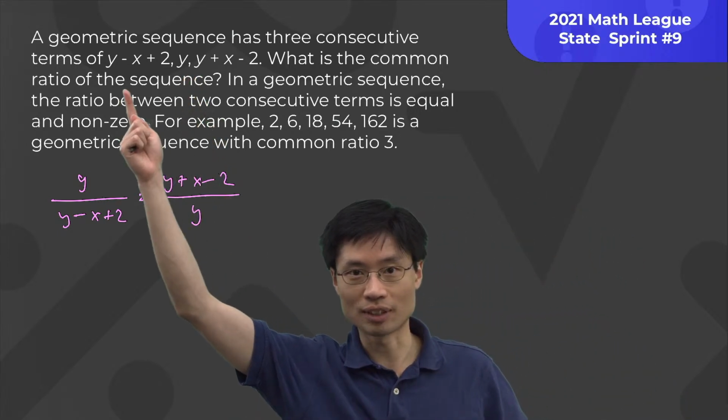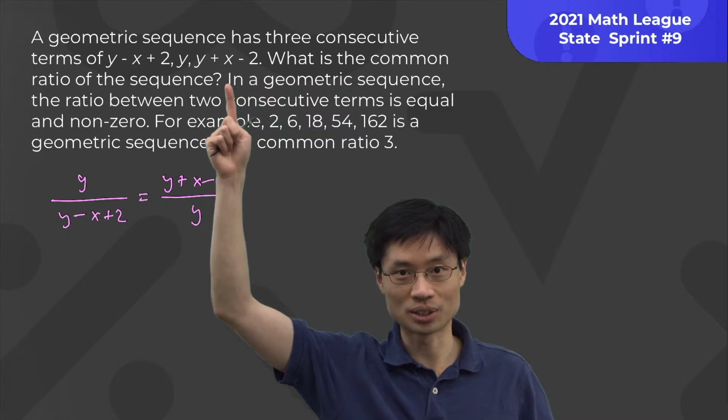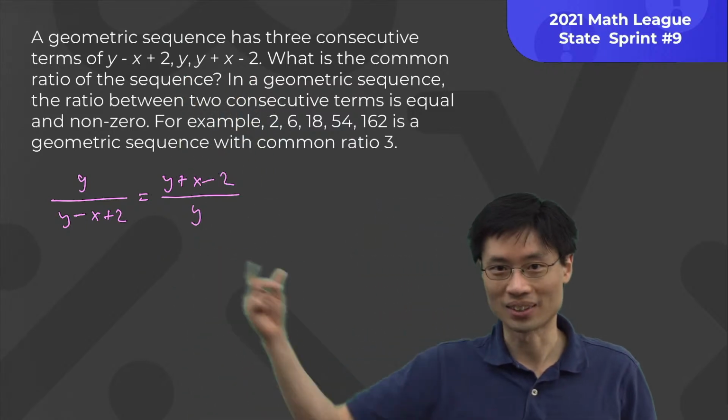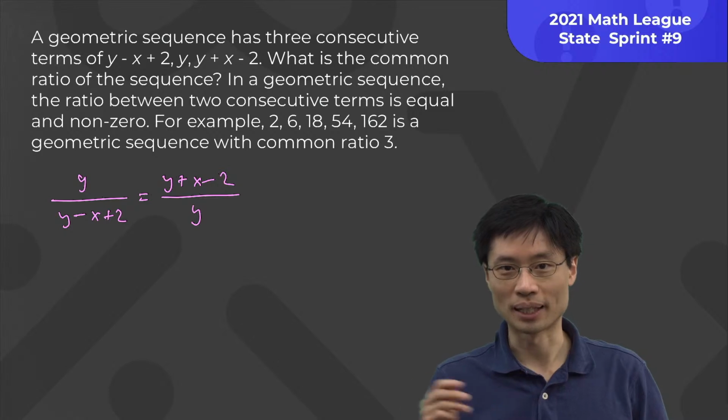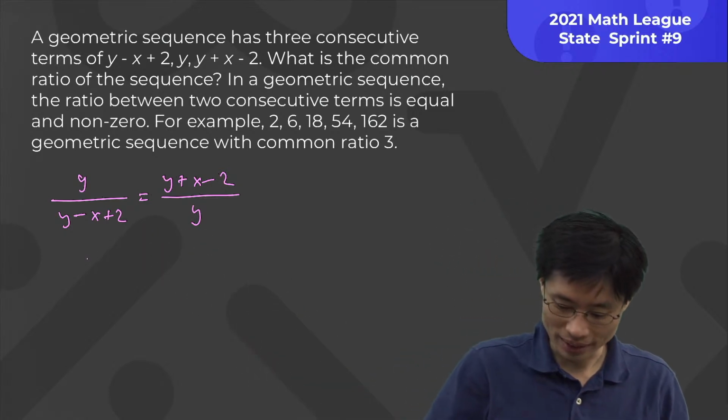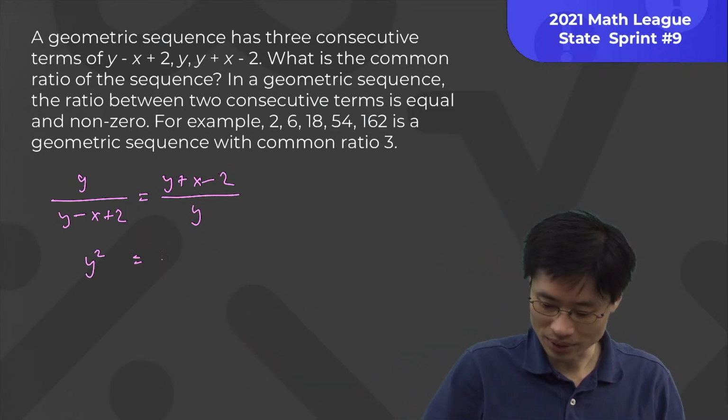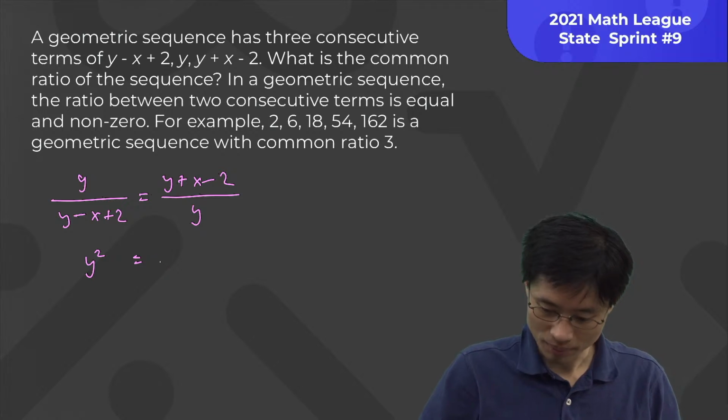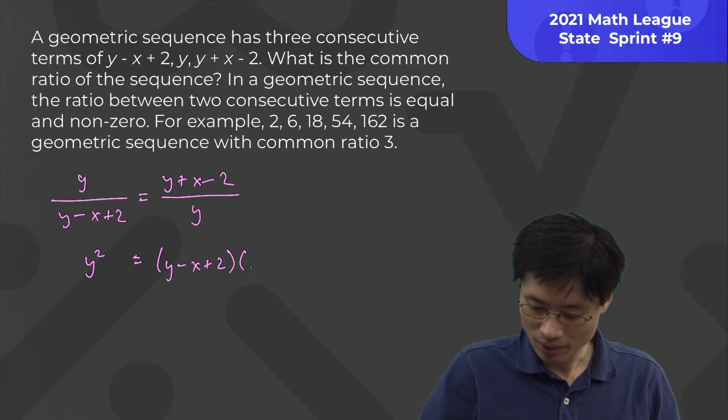The ratio of this divided by that is supposed to be equal to the ratio of this divided by that. Now if you cross multiply here, you'll get y squared is equal to y minus x plus 2, y plus x minus 2.